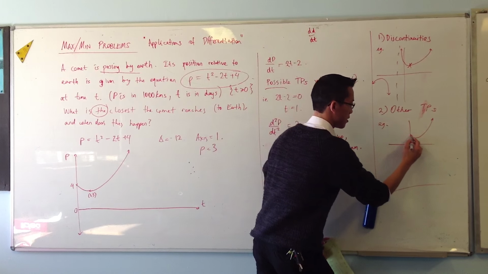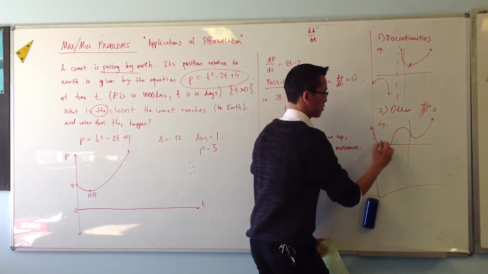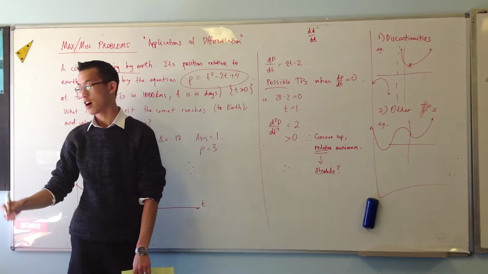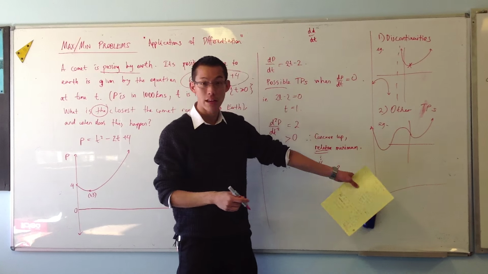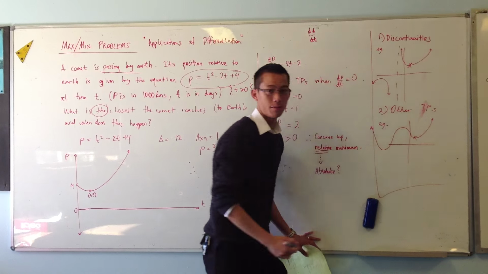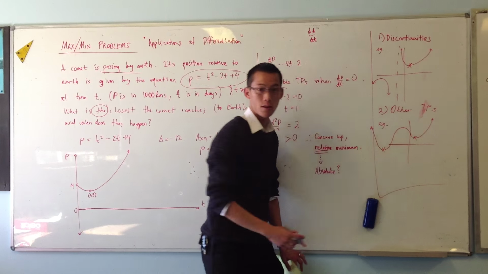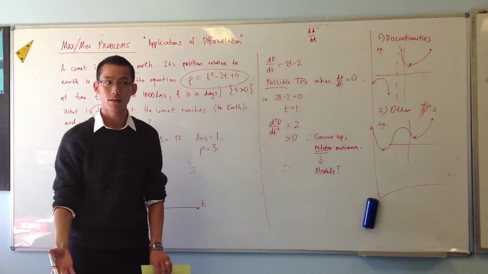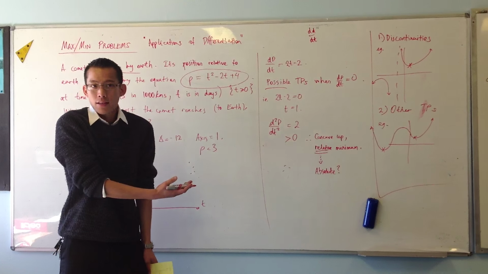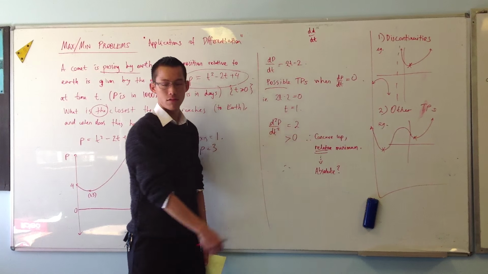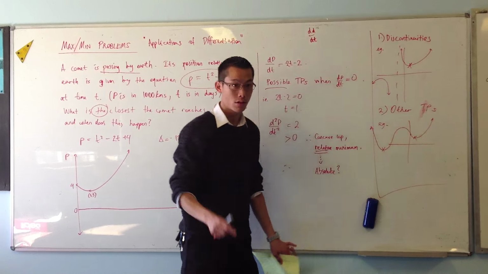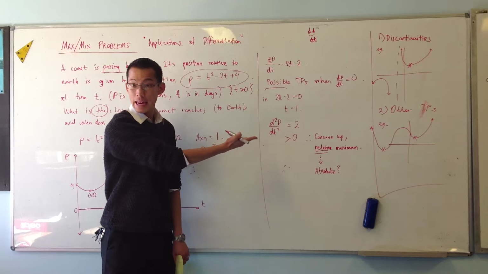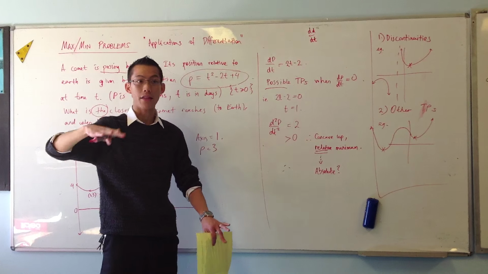But if it does this and then this, so if the degree of your function was a little higher, you'll have more stationary points. You've got a relative minimum, and you've got another relative minimum. So then you have to decide which one it is. In that case, they're both going to be relative. With the second derivative, both will be positive. So all you have to do is actually test out the values. You've got to sub it in, find what you get for p in this case, and you'll see one is higher than the other.